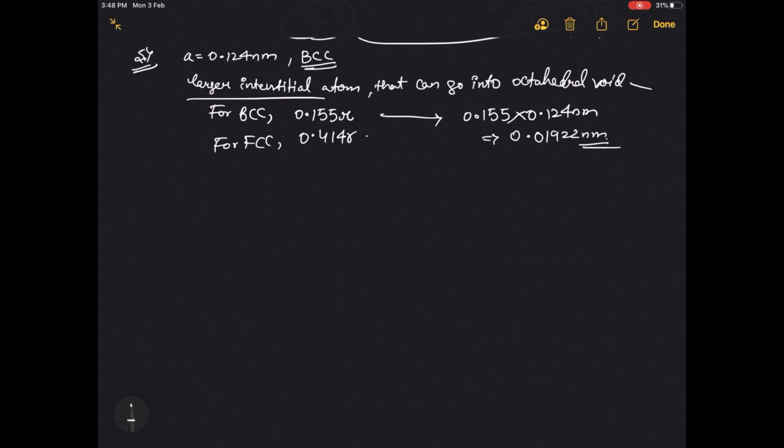Okay, 0.019. So I think they have asked to round off to 2 decimals, so it will be 0.02.